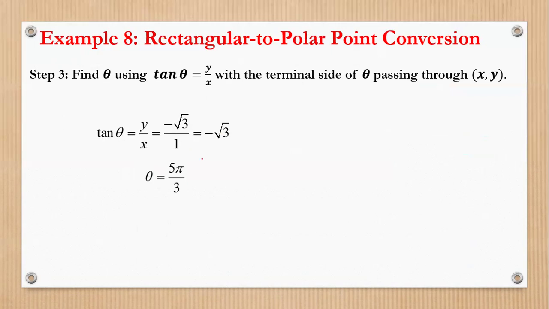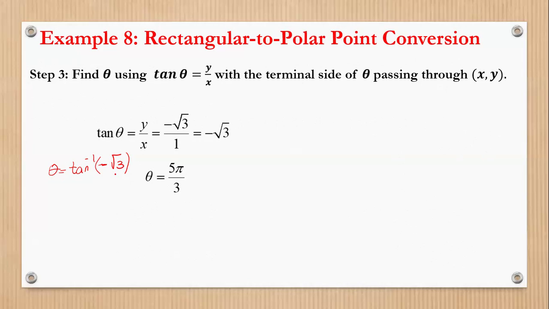And now we need to find theta. You can use the inverse tangent if you don't know the answer. So you can just put this one in the calculator and see what angle has tangent negative root 3. Or you can use the table that's provided for you. And you know that root 3 is also the tangent of pi over 3.